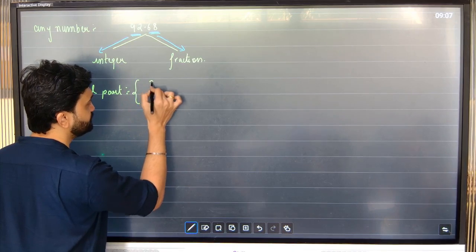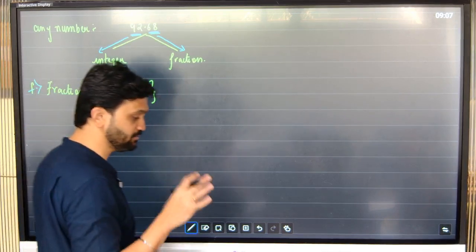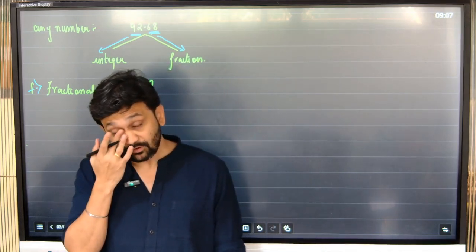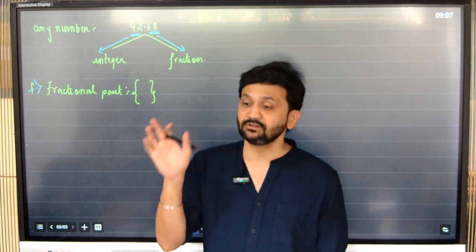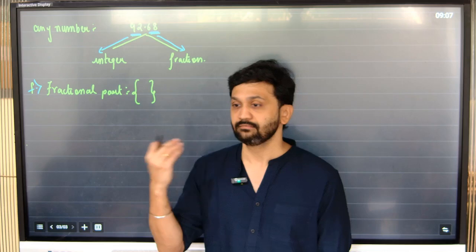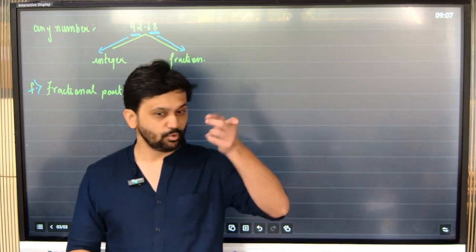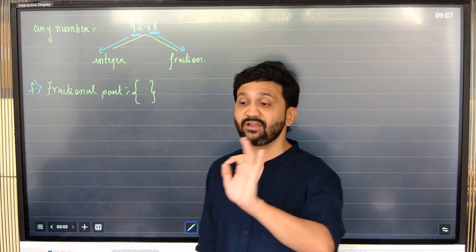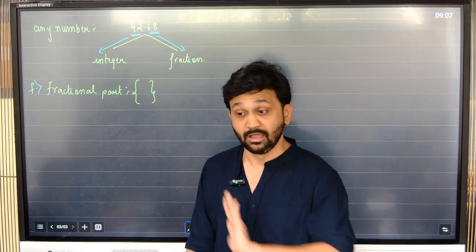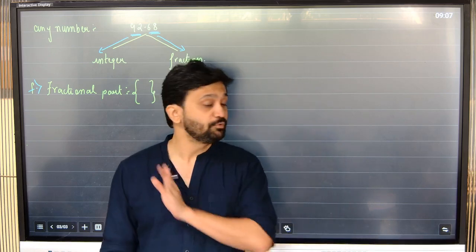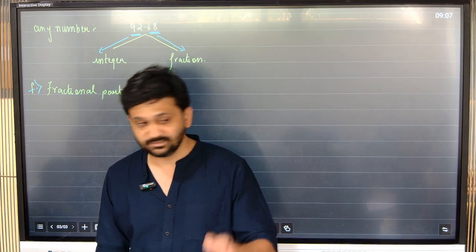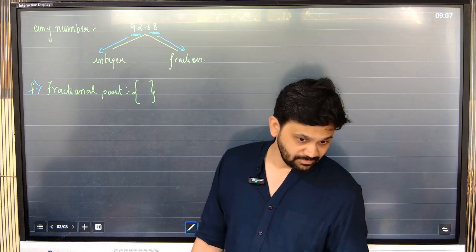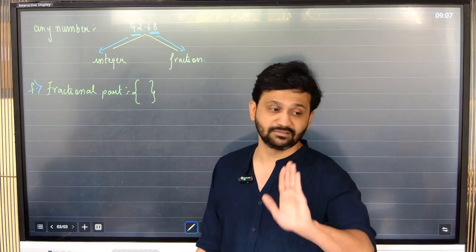Fractional part is denoted by a curly bracket, and they will always mention in the questions that the square bracket denotes GIF, that is greatest integer function. If a curly bracket comes in a question, it is followed by a statement that the curly bracket represents the fractional part. If it is not mentioned, we never consider it as a greatest integer or fractional part. In every book that you refer, if there is a curly bracket and they have not mentioned anything, it is a normal bracket.